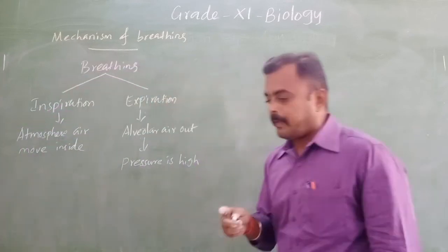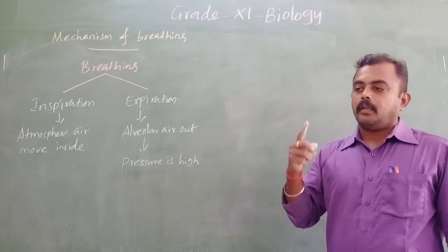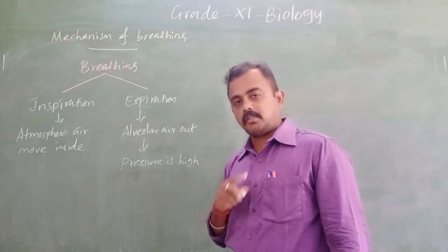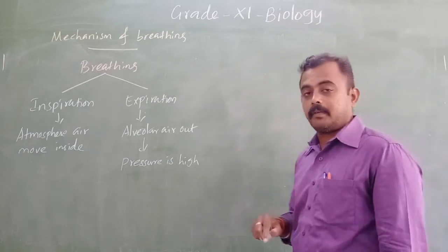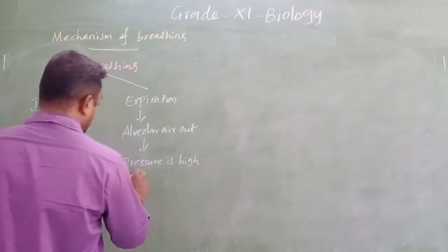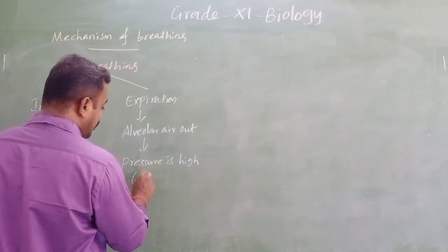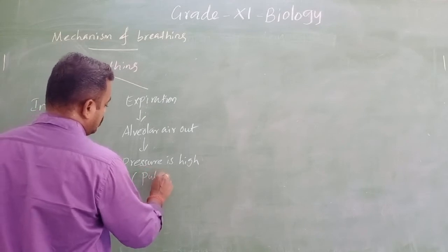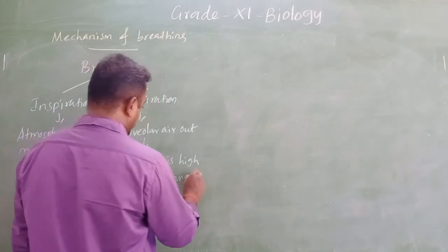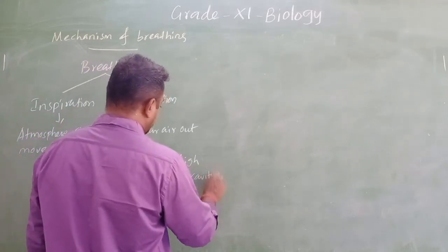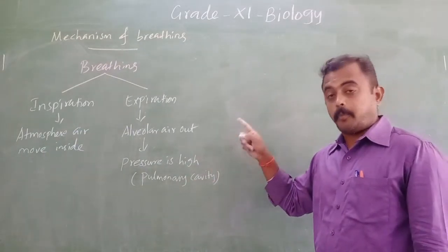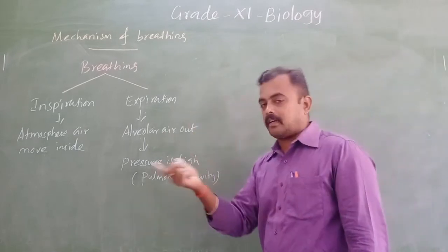Already you know diffusion, that means molecules move from higher concentration to lower concentration; the same happens here. Here the pressure is high in the lungs, in the pulmonary cavity. In the pulmonary cavity the pressure is higher than the atmosphere, so automatically it will be released.